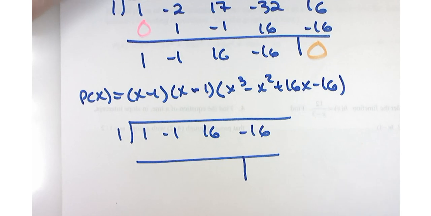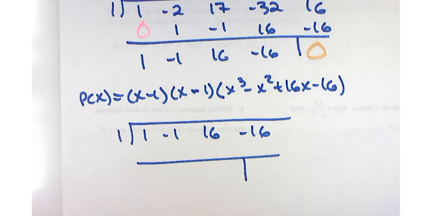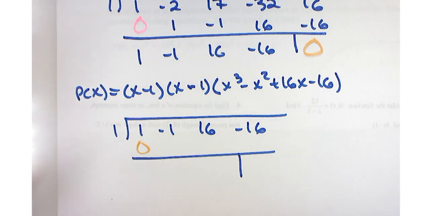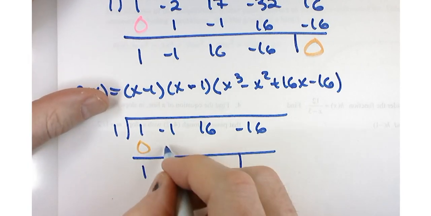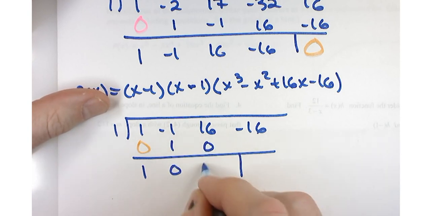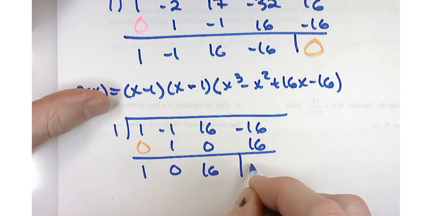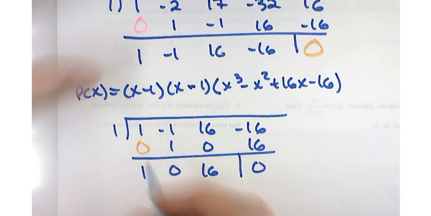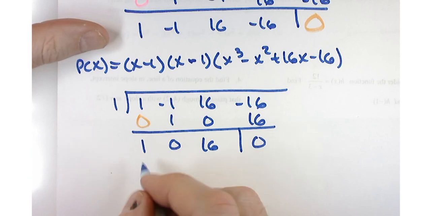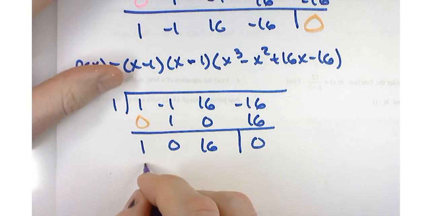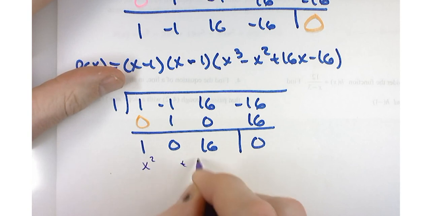So same thing as before, add going down. We'll put a 0 there to start. So 1, and then 1, 0, 0, 16, 16, and 0. So cool. Overall, let's see what that gives us. What does this polynomial represent at the end? Well, it's x squared plus 16.